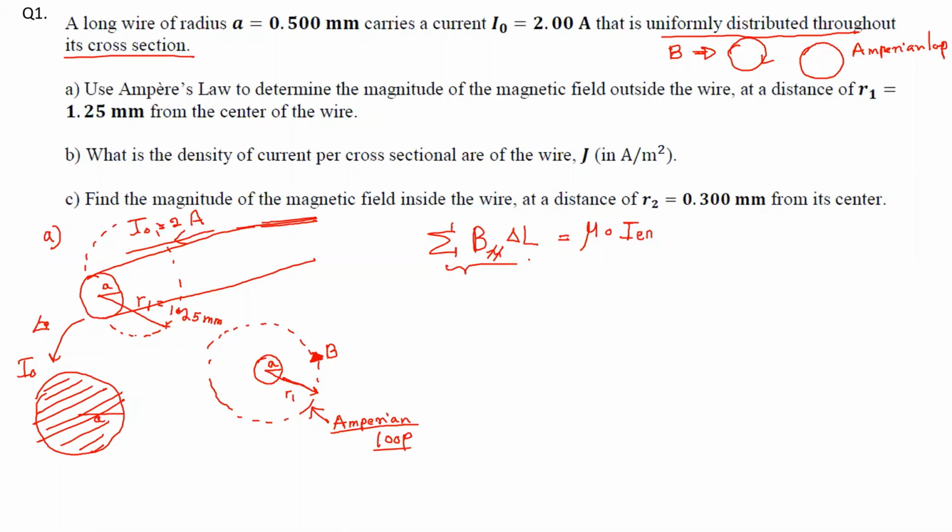Since B is the same at each location around the loop, I can write B times 2 pi R1, where R1 is the radius of the Amperian loop, at the location they are asking about.